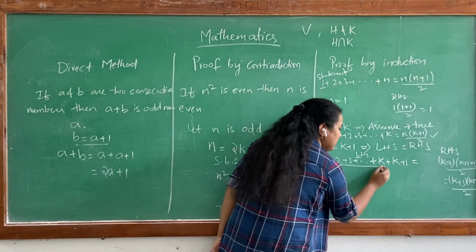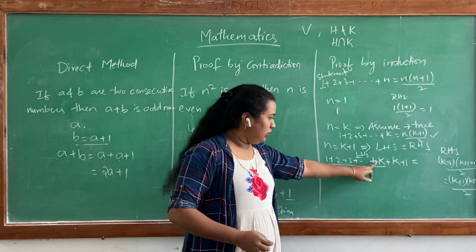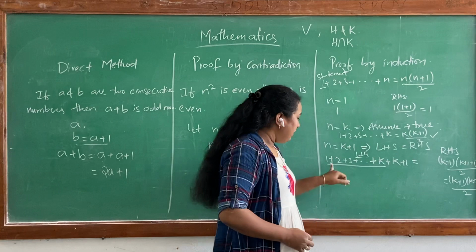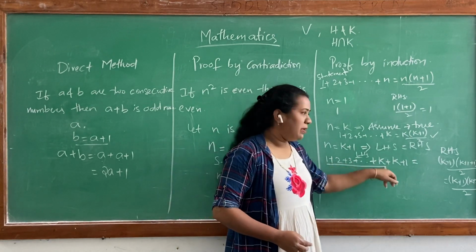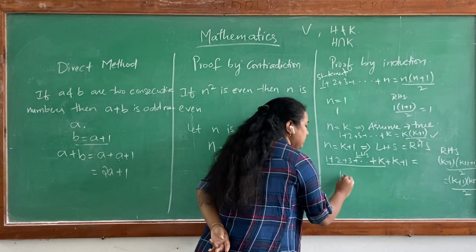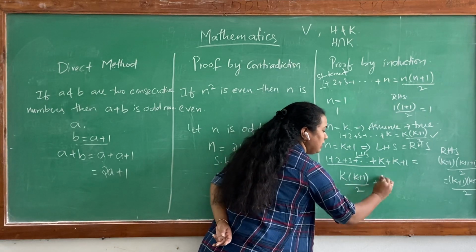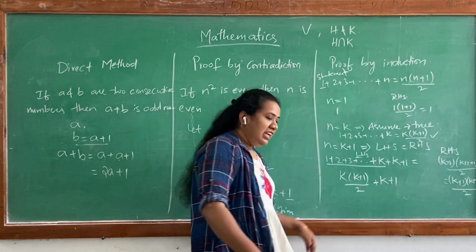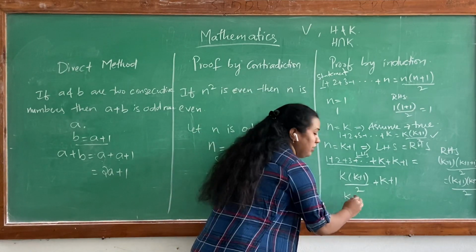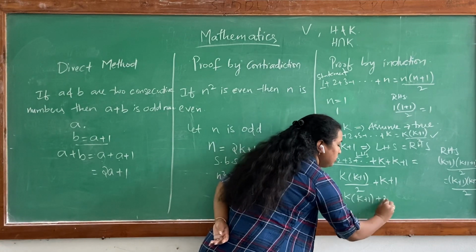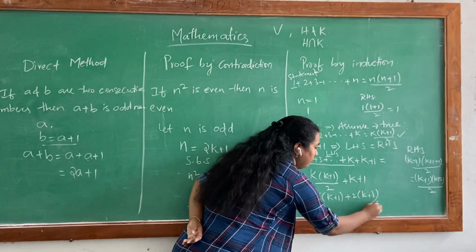From our assumption that for n is equal to k it is true, 1 plus 2 plus 3 plus so on plus k is equal to this. So this is k into k plus 1 by 2 plus k plus 1. Now by taking LCM, k plus 1 plus 2 into k plus 1 by 2.